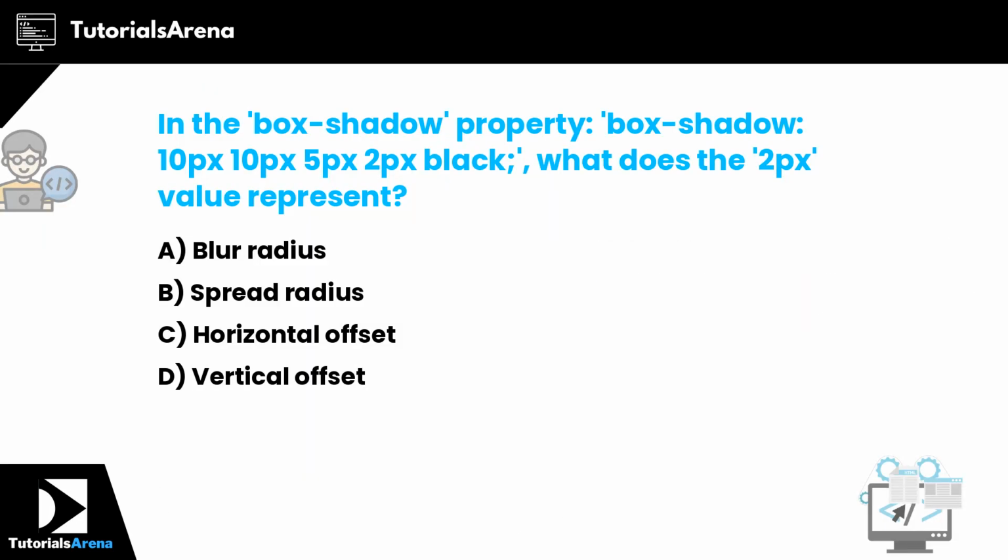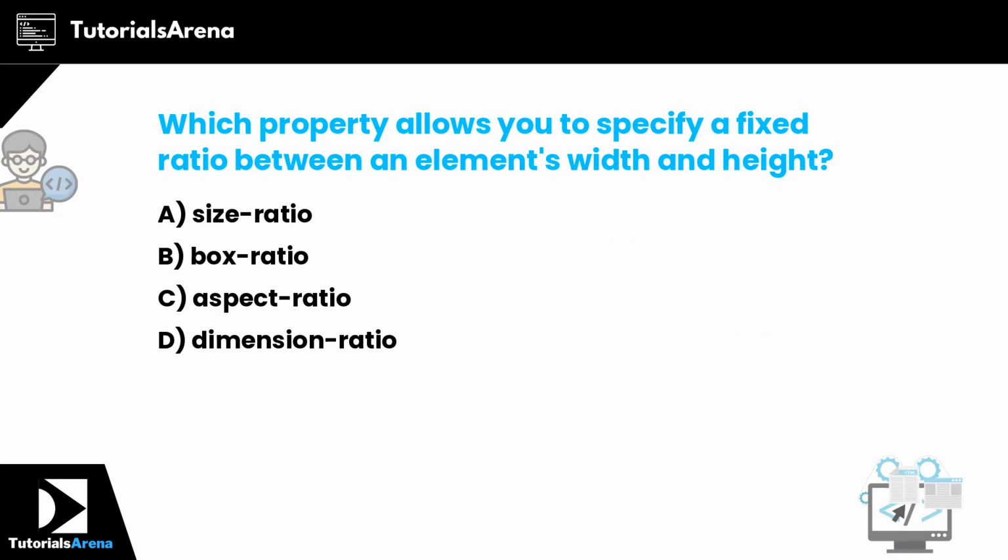In the box-shadow property, box-shadow: 10px 10px 5px 2px black, what does the 2px value represent? The correct answer is option B, spread radius. Which property allows you to specify a fixed ratio between an element's width and height?